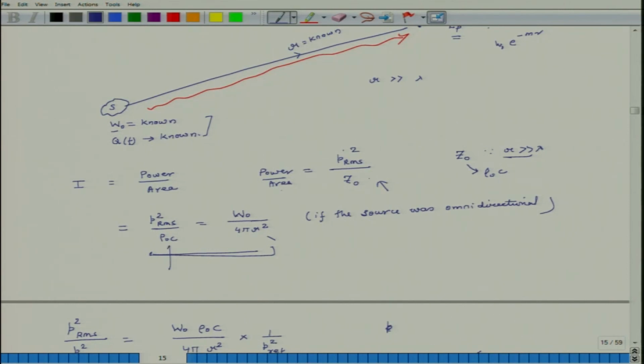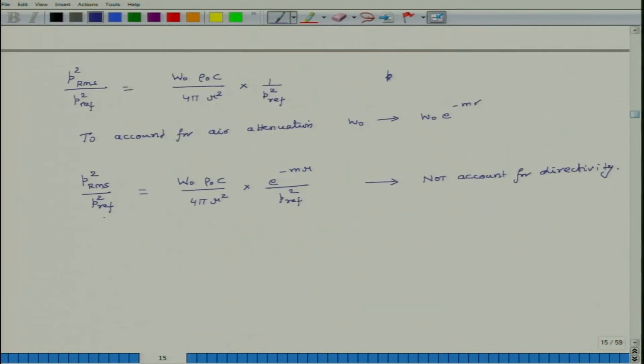Intensity is proportional to the square of RMS pressure. And here we see the ratio of the square of RMS and the square of reference pressure. So, I can also call this the ratio of intensities.